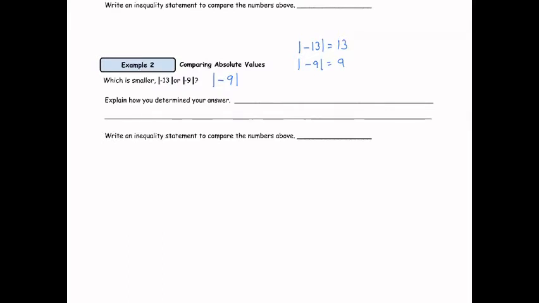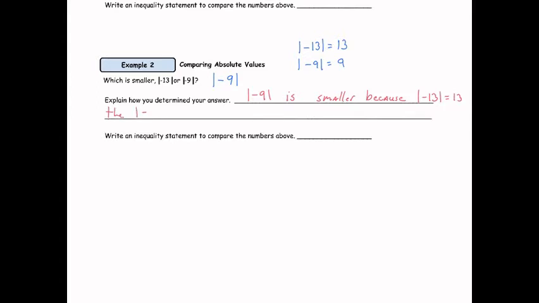Explain how you determine your answer. We can say the absolute value of negative 9 is smaller because the absolute value of negative 13 is equal to 13.